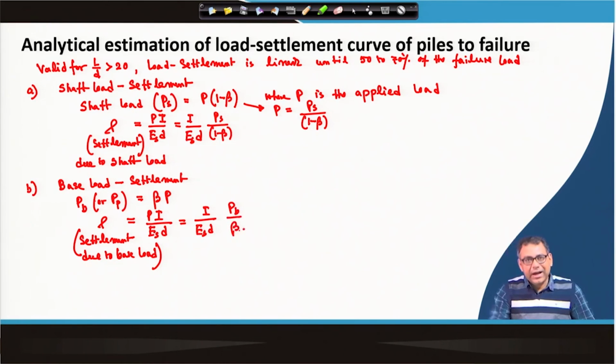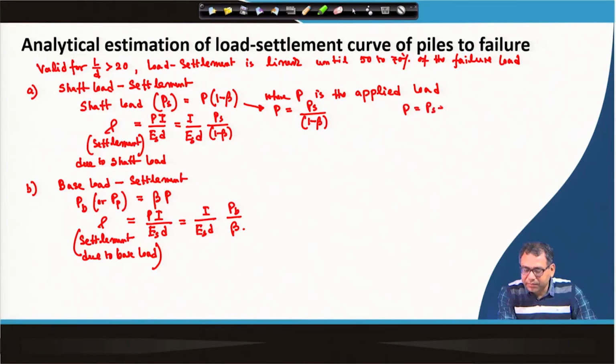Okay. So, that means we are using the actual equation, that the settlement is equal to P I by Es d. Now, this P is the total applied load, and it has two parts, Ps plus Pb.